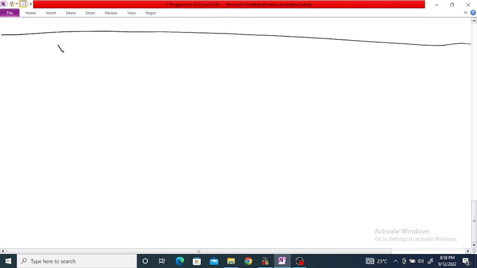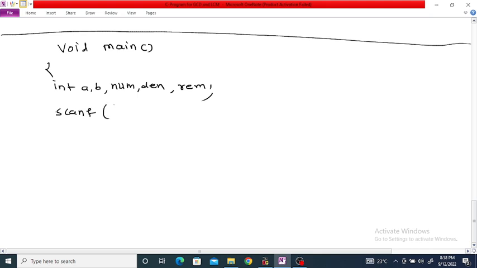So in the C program, what are we going to write here? void main, then we enter two numbers, say integer a, b, then we require numerator, denominator, and then we require remainder. Then we enter scanf, %d, and a and b.